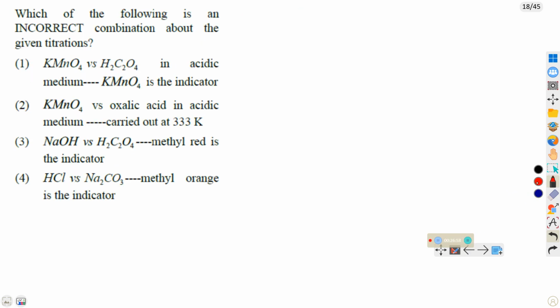Which of the following is an incorrect combination about the given titrations? KMnO4 versus oxalic acid in acidic medium, KMnO4 is the indicator. Correct. KMnO4 versus oxalic acid in acidic medium carried out at 333 kelvins. Correct, this is also 60 degrees Celsius. NaOH versus H2C2O4.